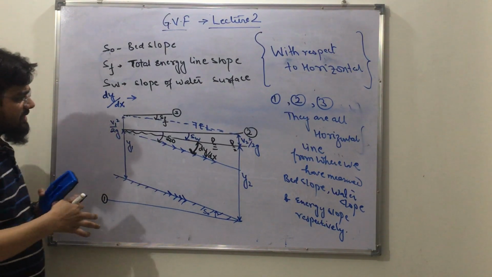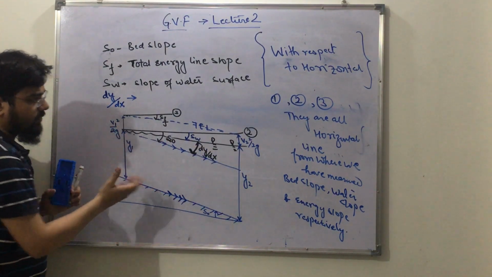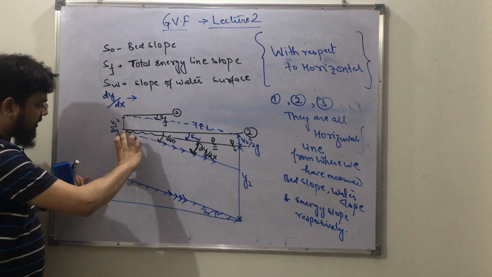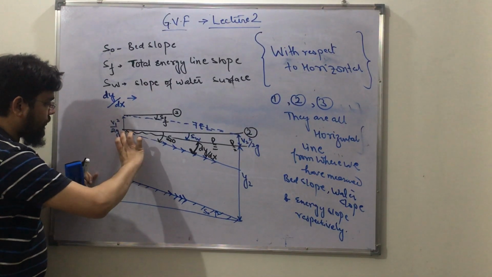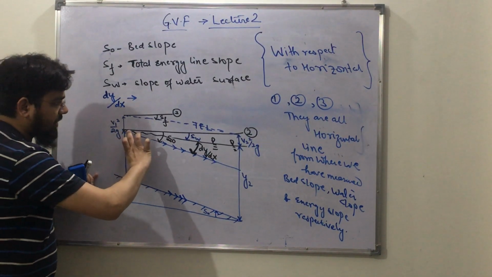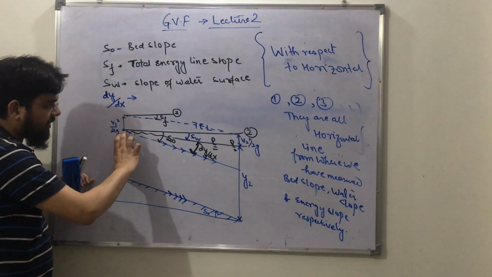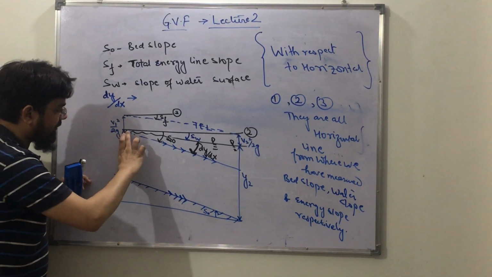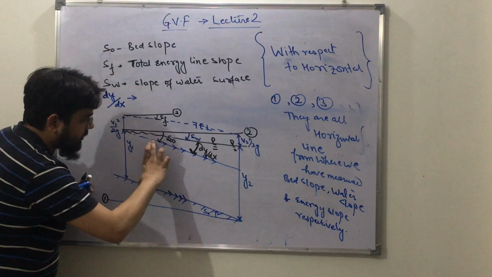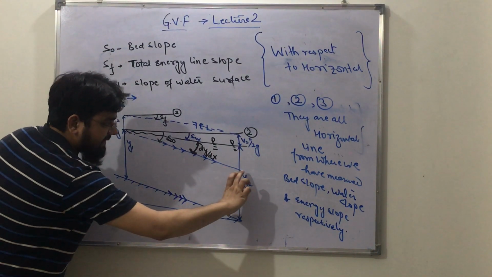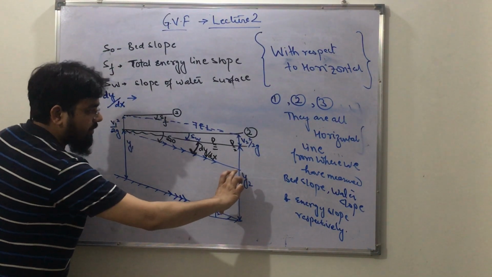Here we can say that, for example, in this scenario we can very much see that here at section 1 we have y1, and at section 2, had it been a uniform flow, this y1 would have remained constant throughout. But since it is not uniform flow, it is gradually varied flow.